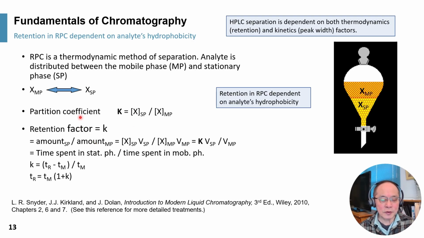So the partition coefficient K is equal to the concentration of the solute X in the stationary phase, SP, versus that in the mobile phase, right? So if something is highly retained, meaning that something is very hydrophobic, this concentration would be much larger, and this would be much smaller, right?